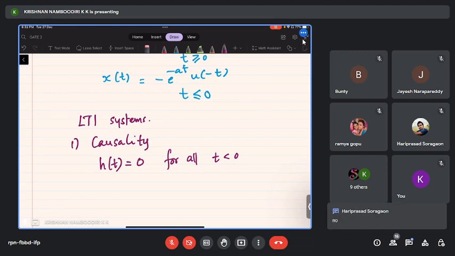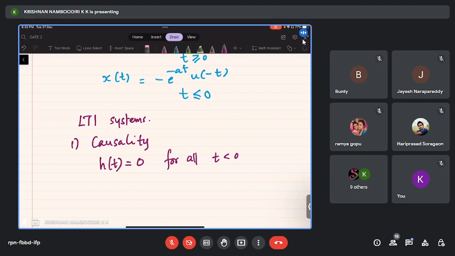Correct, a causal impulse response cannot be a left-sided signal. It can be a right-sided signal, and sometimes it will be of finite duration, so we generally do not classify it as left-sided or right-sided.